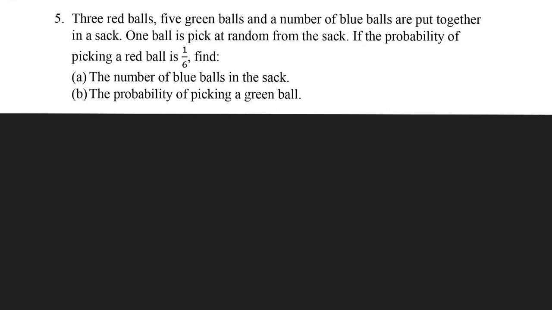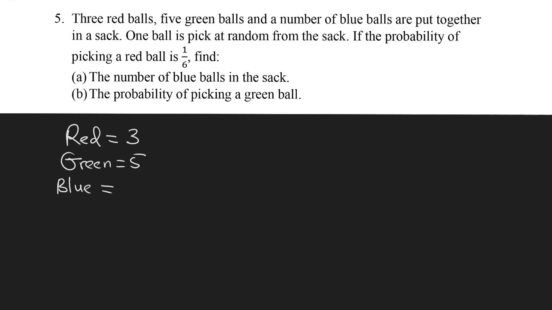So based on the information we have here, we have been given that red balls is equal to 3, then green balls is equal to 5. But what about blue balls? The question just said a number of blue balls.